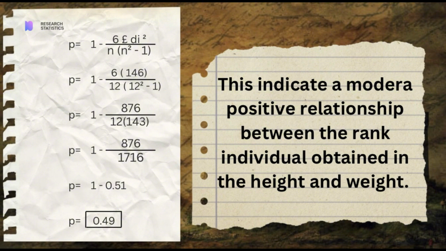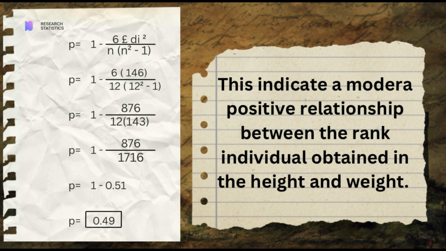This indicates a moderate positive relationship between the ranks individuals obtained in height and weight. So why is it moderate positive? Because 5 is strongly positive.